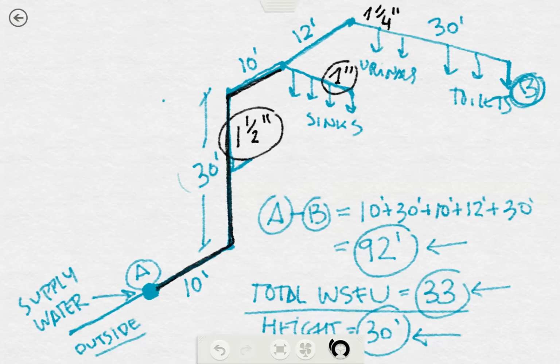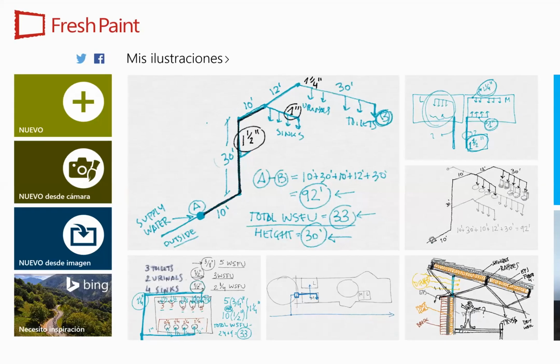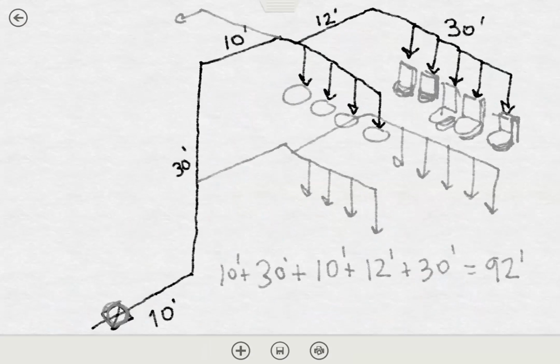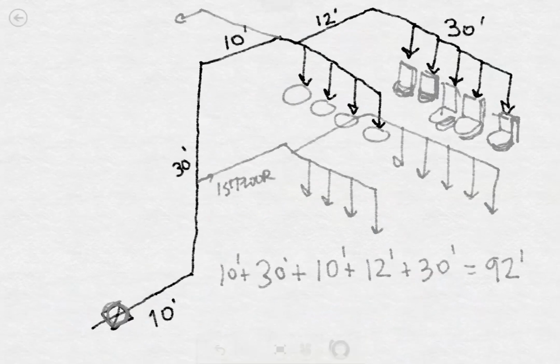So is it clear what we have done? I'll go over it again. We are working with this. We have the main supply. This is the first floor. This is the second floor.